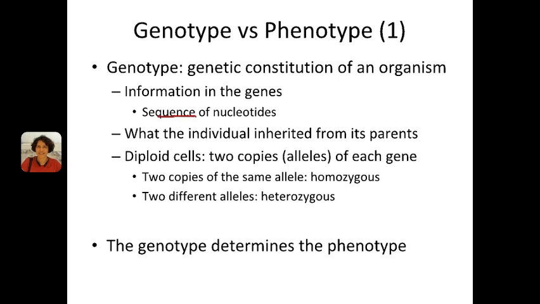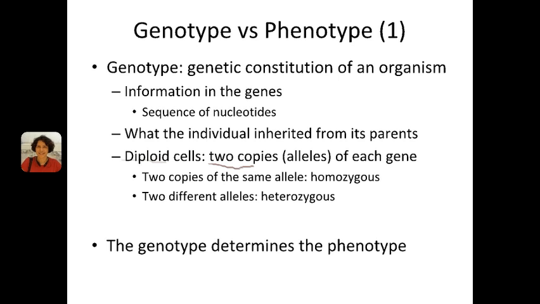The genotype refers also to what that individual inherited from its parents. In a diploid cell, the genotype consists of 2 copies of every gene, 1 copy on each chromosome that the individual inherited from its parents.